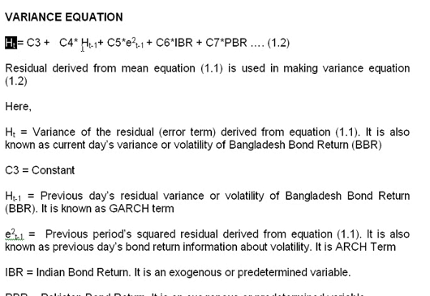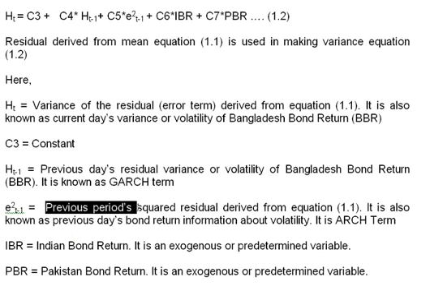Then I talk about E square T minus 1, and the coefficient is C5. What is E square T minus 1? You can see it here. It means the previous period's squared residual derived from equation 1.1.